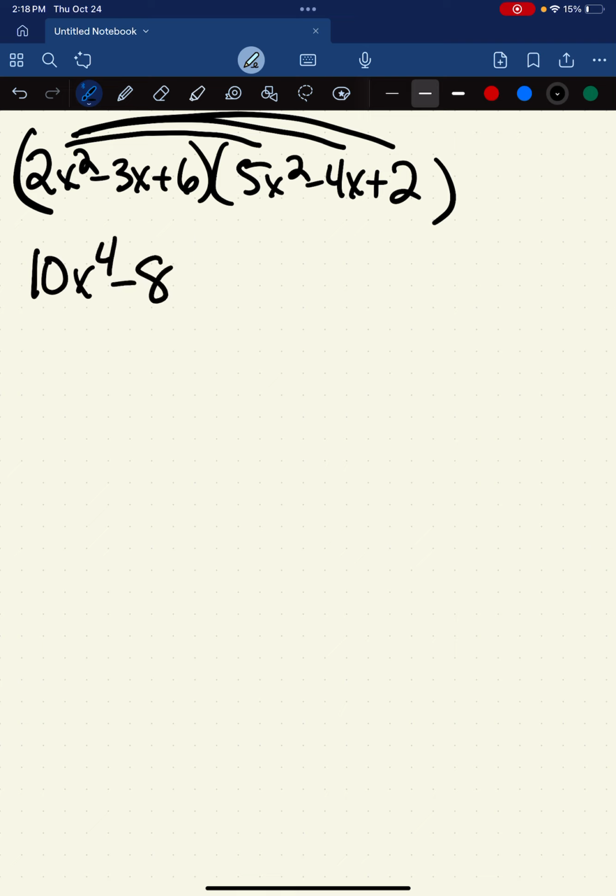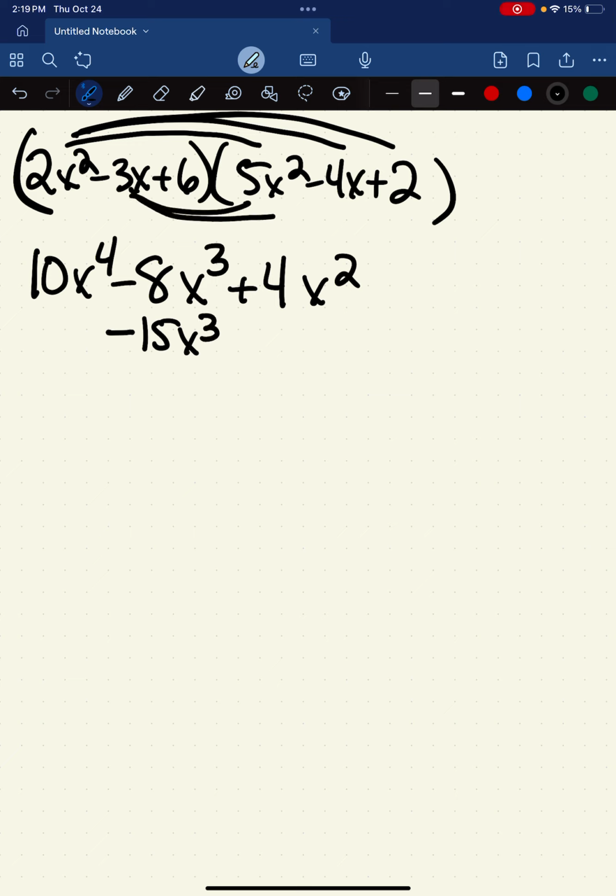So we get 10x to the 4th minus 8x cubed plus 4x squared. And then we're going to do minus 15x cubed, because now we're doing this one. Minus 15x cubed plus 12x squared minus 6x.